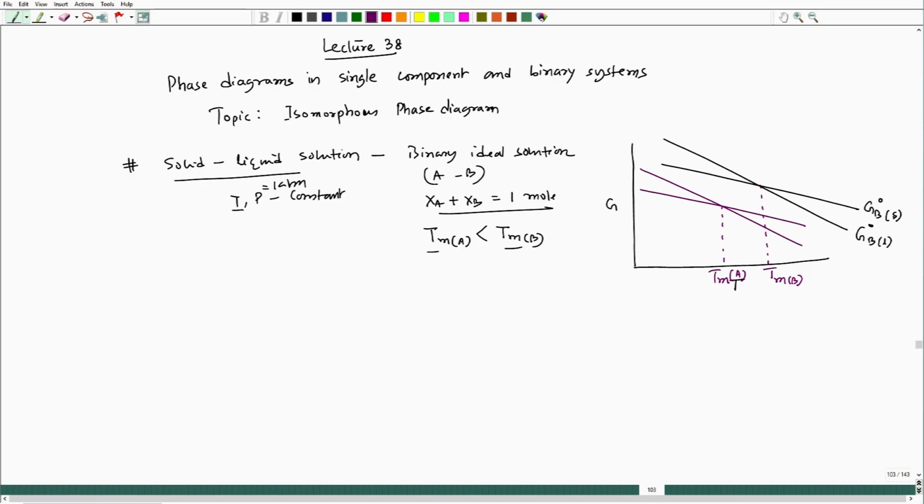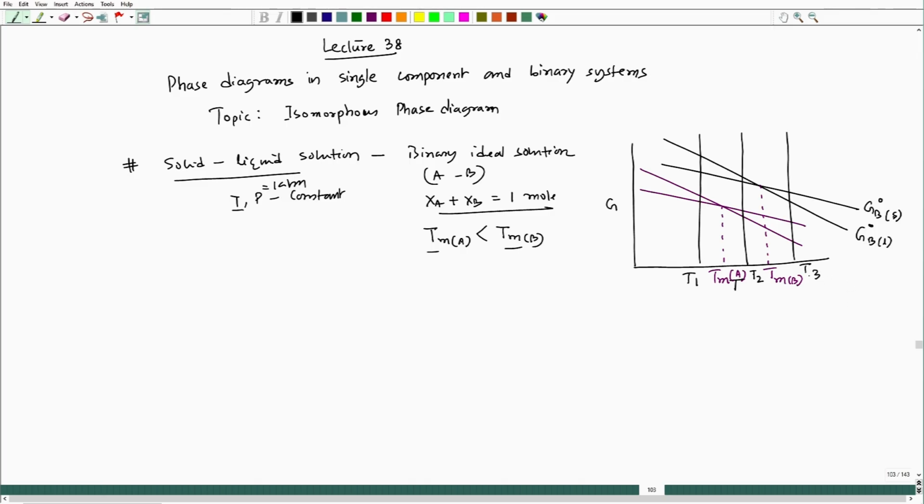Now, we have to take 5 temperatures. So, one temperature is this one, T1, another one is at T m A. We are taking another temperature in between T m A and T m B, which is T2, and the fourth temperature is T m B, and the fifth temperature is T3.